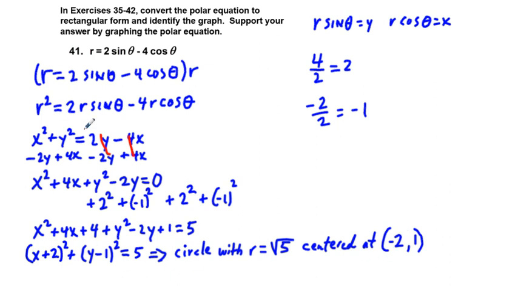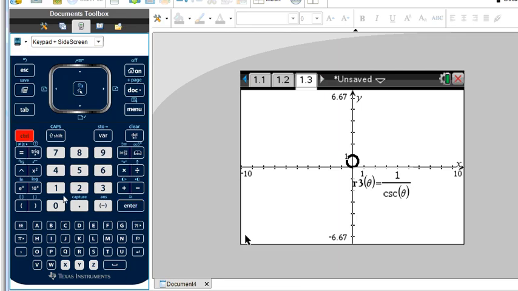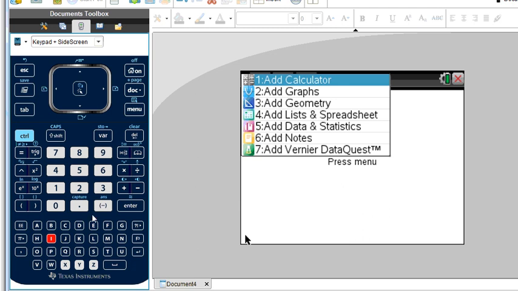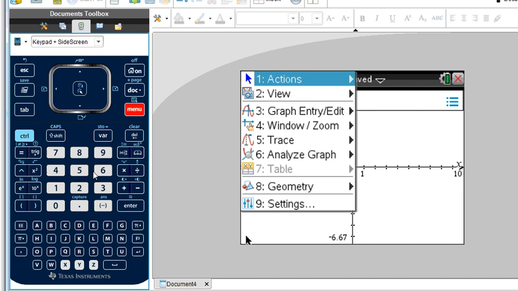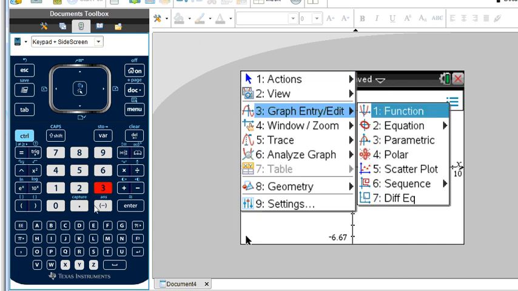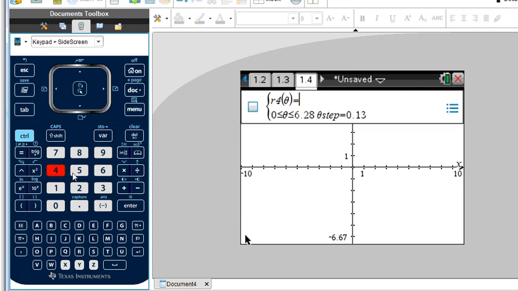And let's go ahead and graph this equation. For that, we go to the graphing calculator, Control I, and add graph. We pick the menu to pick the kind of graph we want, 3, and the type of graph we want is polar. And for this, we get r equals 2 sine theta. So we put in 2 sine, and we're going to get our theta.